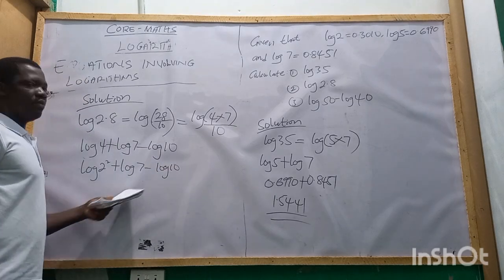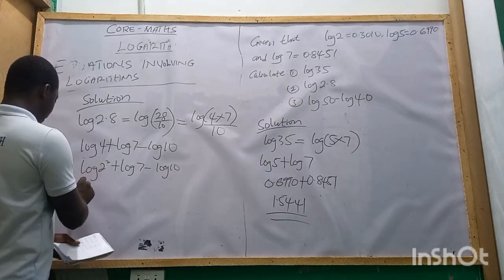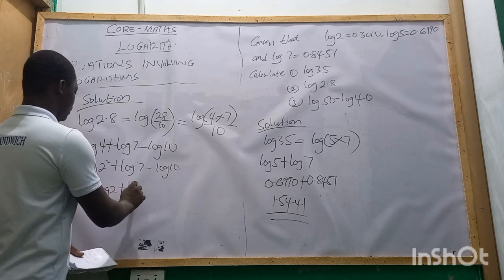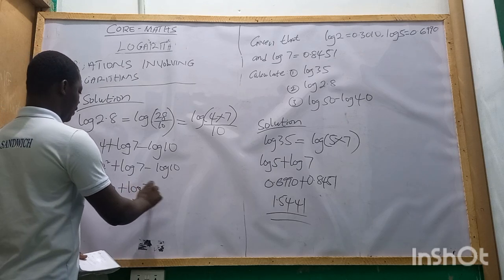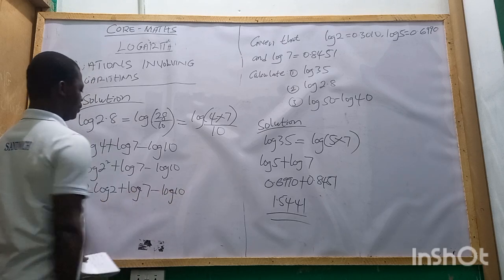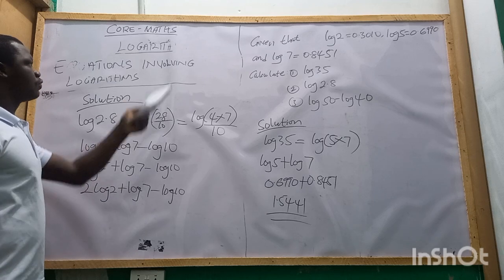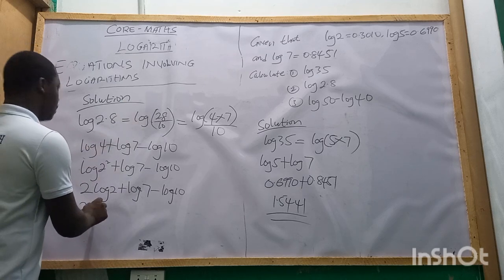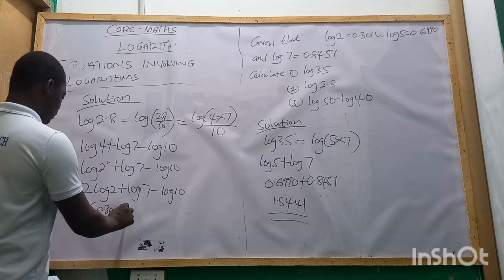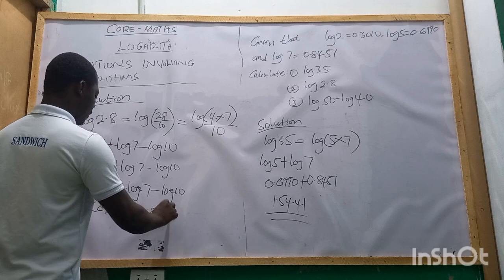You know that we are working with base 10, right? So here I'll rewrite it as 2 log 2 plus log of 7 minus log of 10. I know log 2, so 2 multiplied by 0.3010, and log 7 is 0.8451.